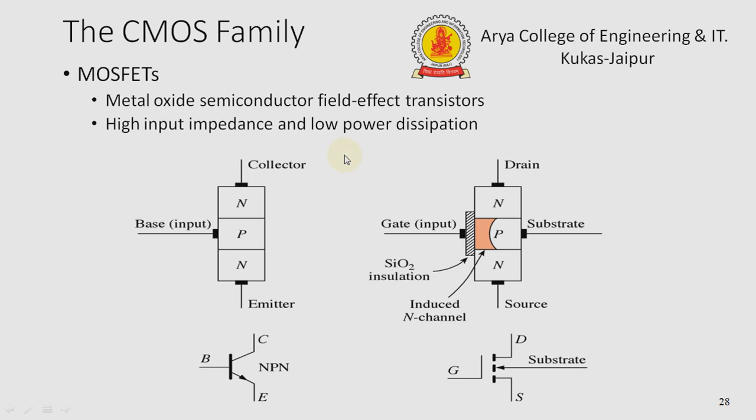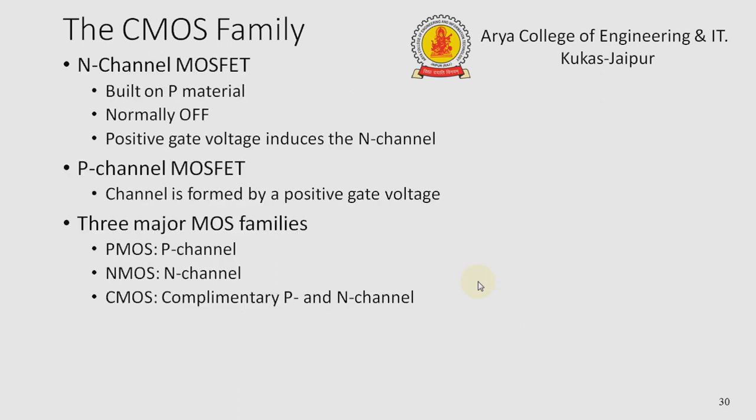This shows the basic symbol of the MOSFET. In a MOSFET there are 3 terminals, drain, gate and source, and one more terminal connected through the substrate. These two are connected internally, and here is a SiO2 insulation layer and the induced N channel in the MOSFET. So it makes input impedance high and power dissipation low.